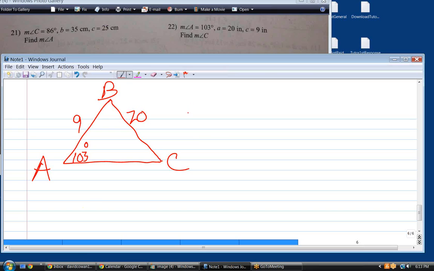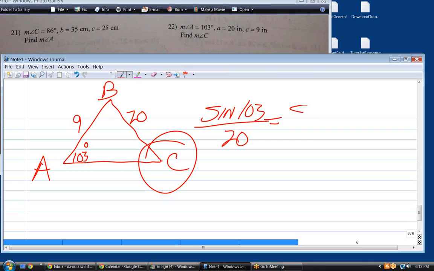Okay, what's the next step? They want angle C. So sine 103 over 20 is equal to sine C over 9. Okay. Sine C equals what?